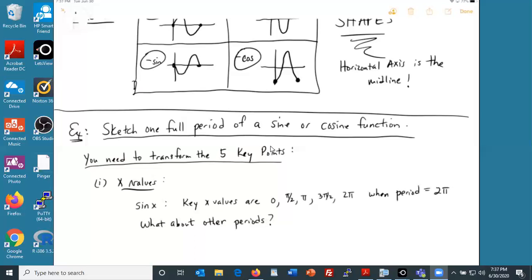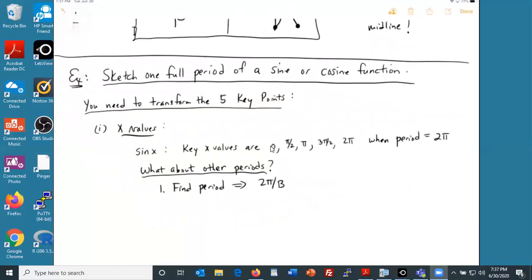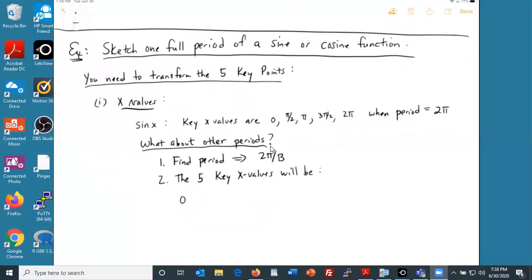Okay, so here's what you have to do. All right, so number 1, find the period, which is 2 pi divided by b. And then the 5 key x values will be 0. 0 is nice because that never really changes.